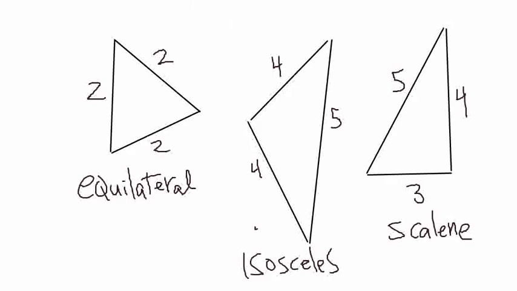All right, so if I have a triangle that has all acute angles, angles less than 90 degrees. So for example, maybe this one was 70 and 60 and let's see, 50.